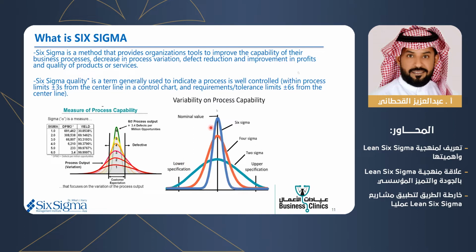The blue color: all your data falls within the specification limits, the lower specification and the upper specification. Look at the green one. Most of your data is within. However, there are certain times that you are delayed.